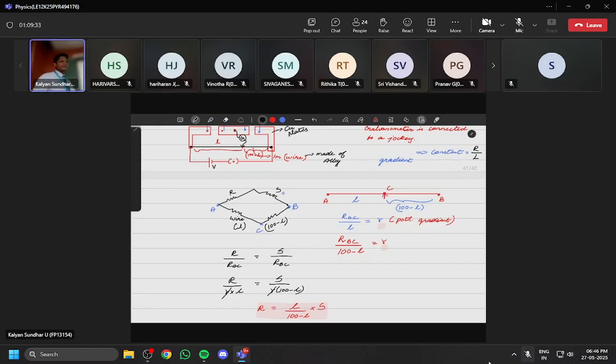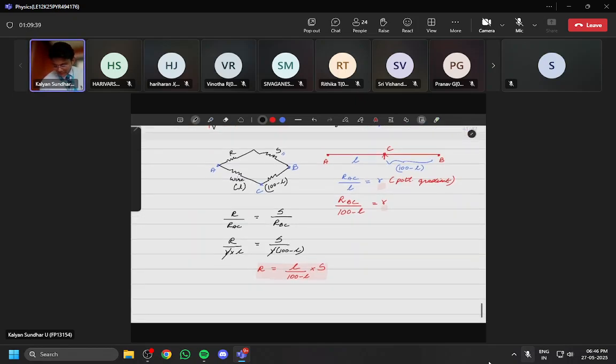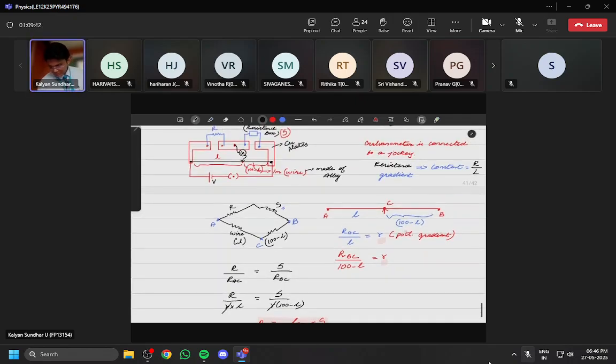So R by L. Resistance gradient R by L. Correct. So this small r is your resistance per unit length, not potential per unit length.